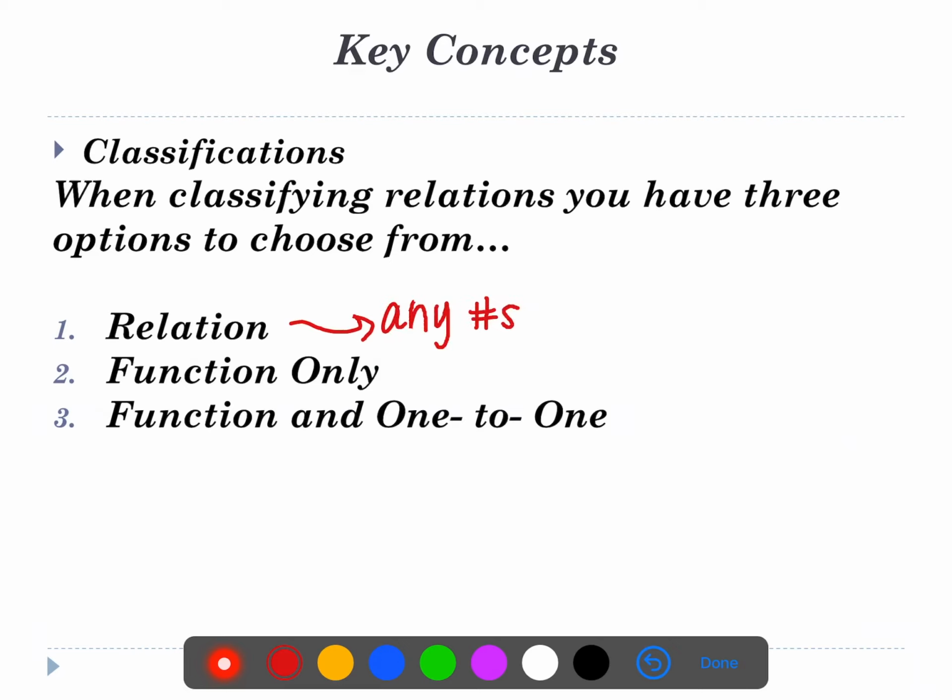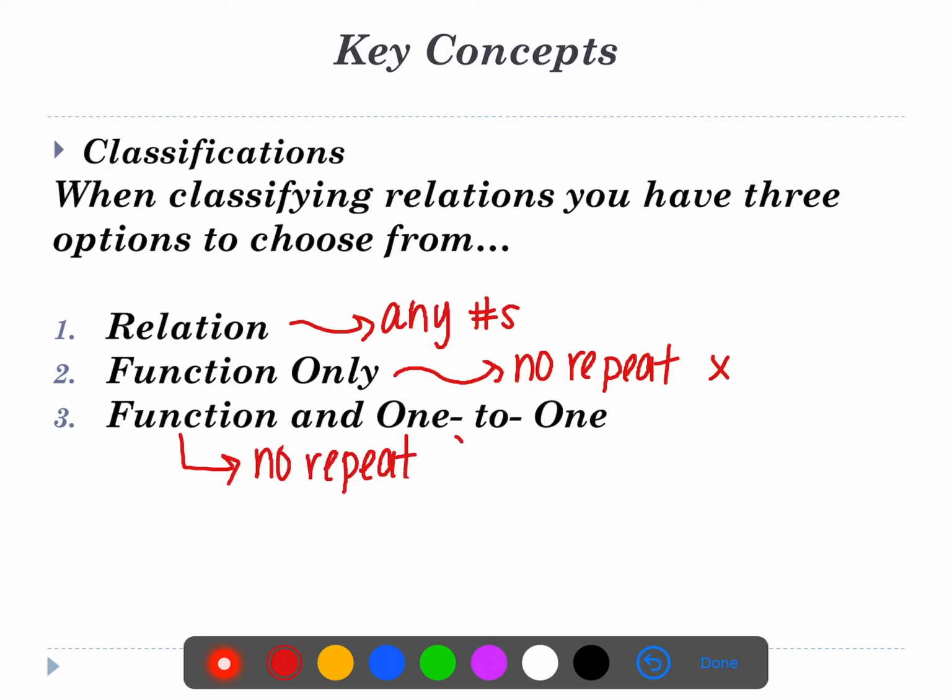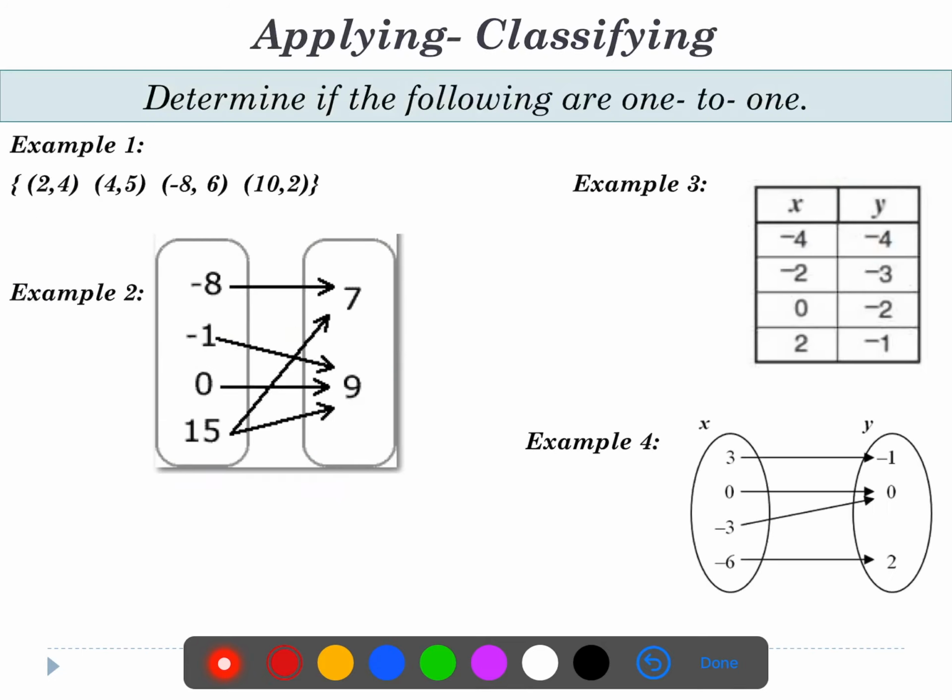A relation is any numbers. A function is no repeat for the x, and a function and one-to-one is no repeat for x and y. Okay, so that's the difference between each of those 3 classifications.